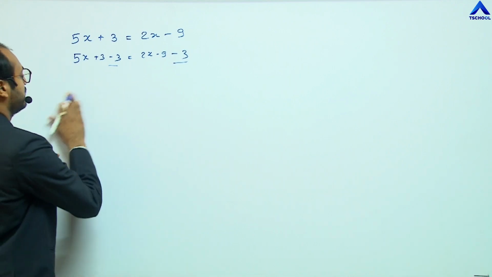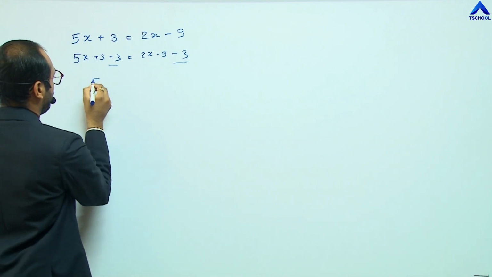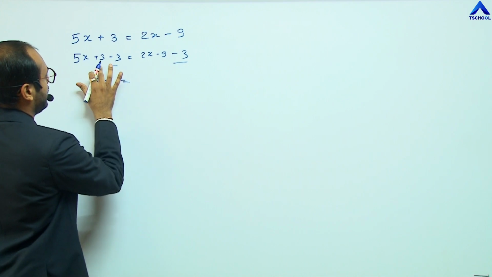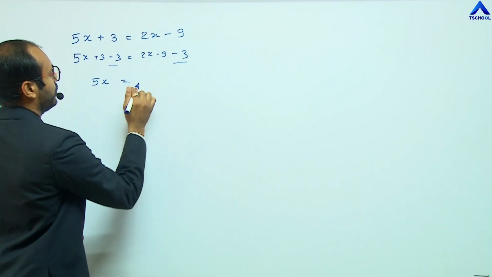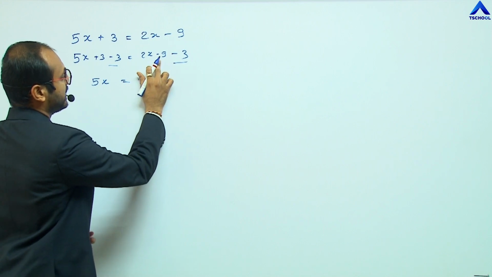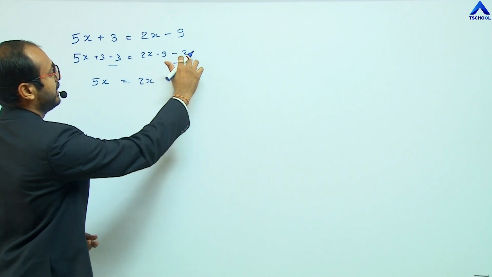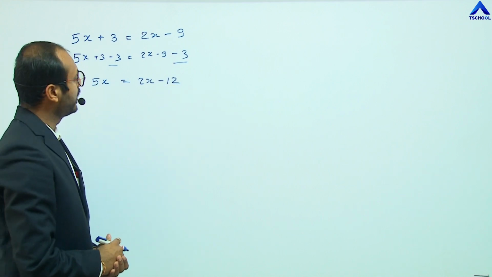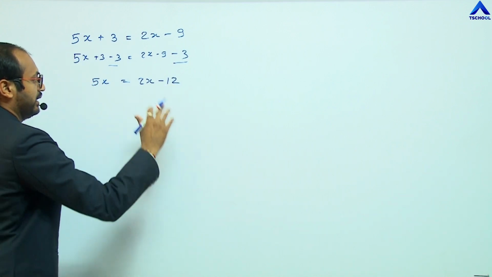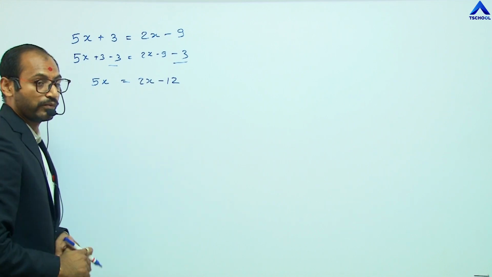Now what is on this side? Here is 5x alone, 3 minus 3 became 0, and here 2x minus 9 minus 3 gives minus 12.